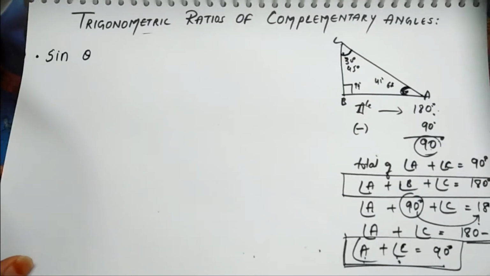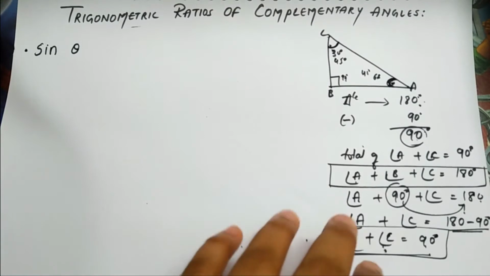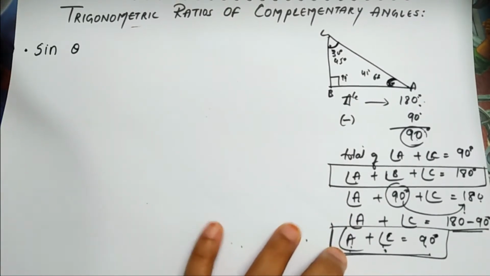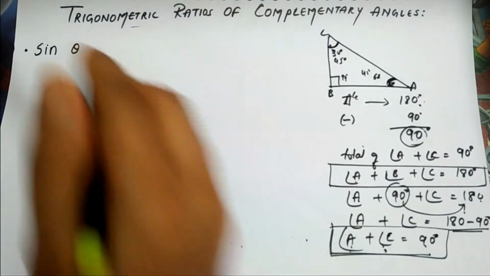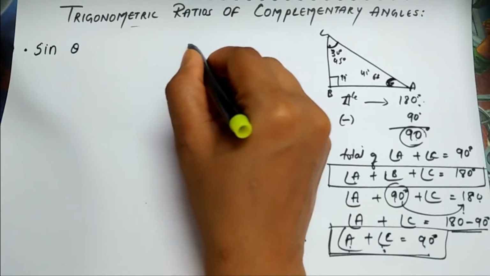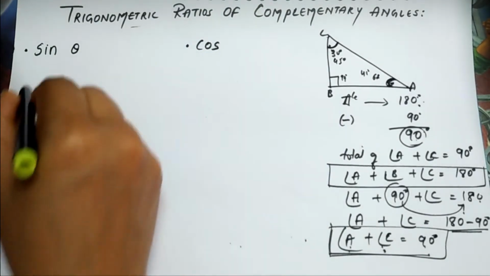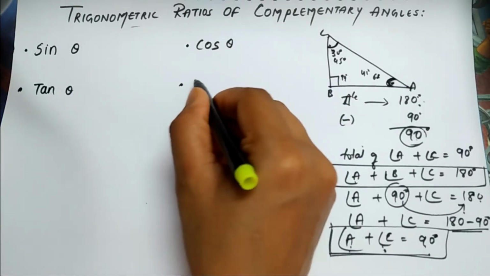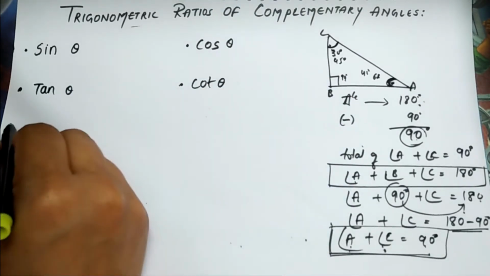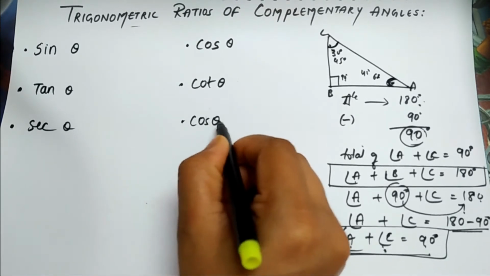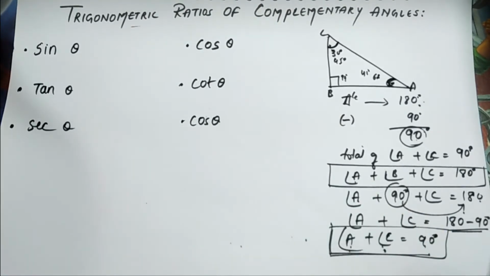Now let's move on to the formula part. This was the basic explanation of the 90 degrees thing. We know that we have 6 ratios, right? Sine, cos, tan theta, cot theta, secant theta, and cosecant theta. These are the basic ratios we already know.